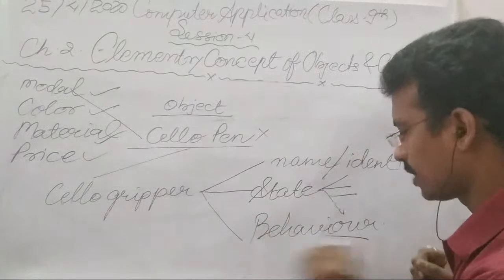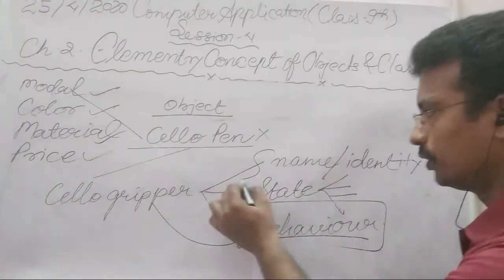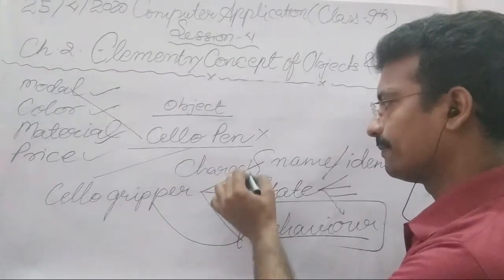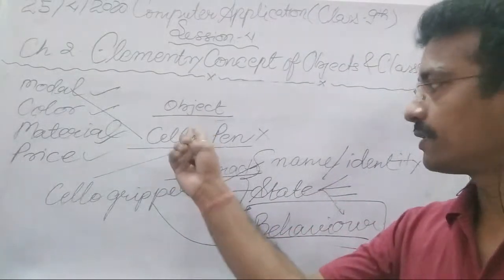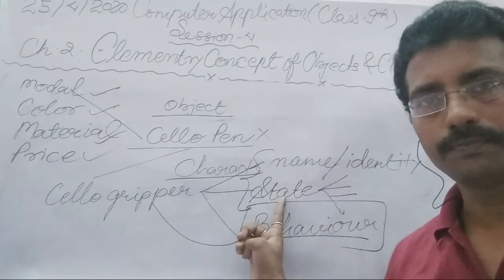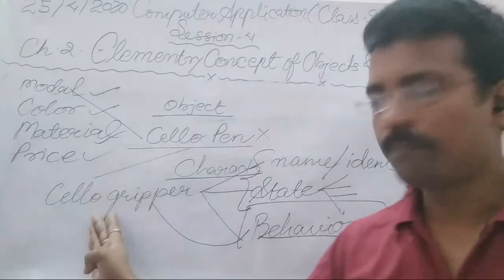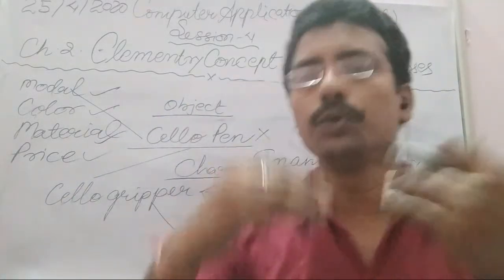Both can be called characteristics. Now it is a little bit clear. Class defines these characteristics in the form of identity and state, and behavior, and the object adopts and uses them.